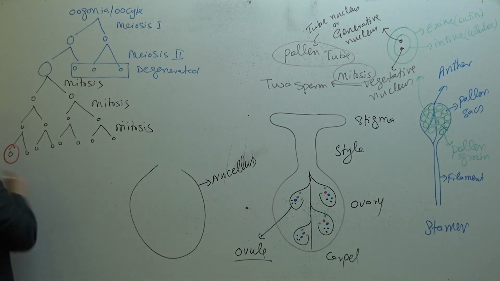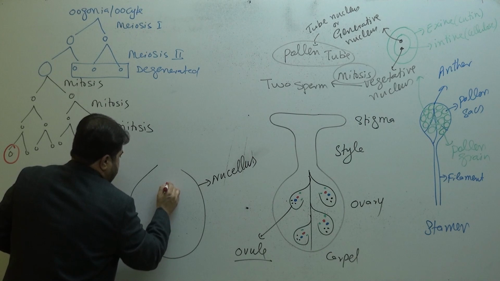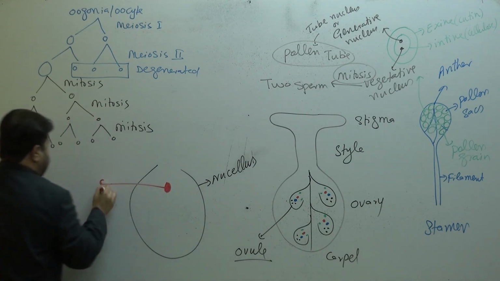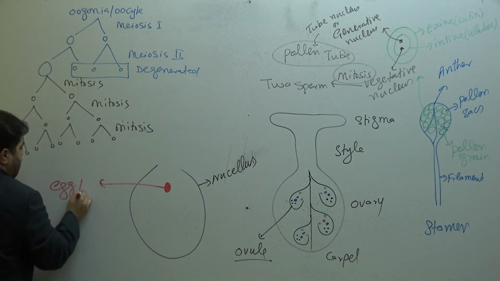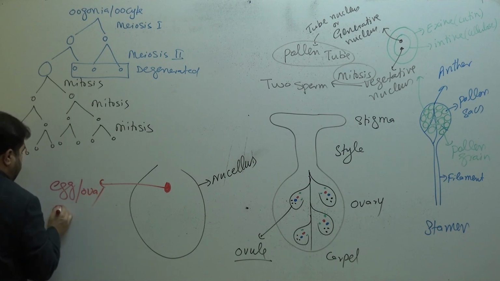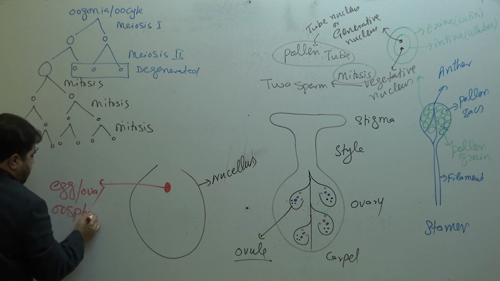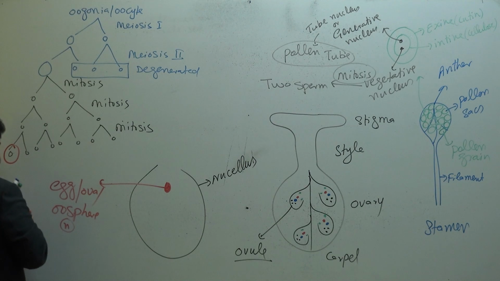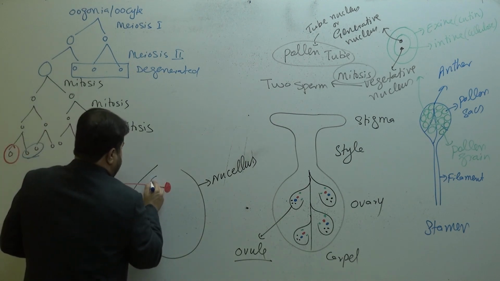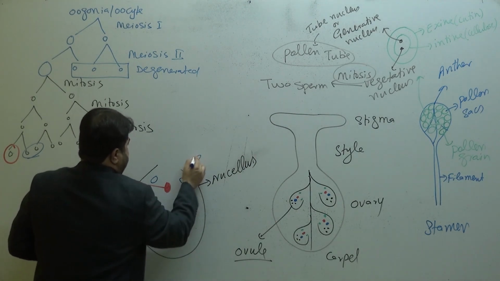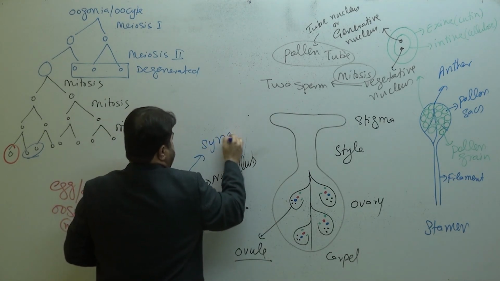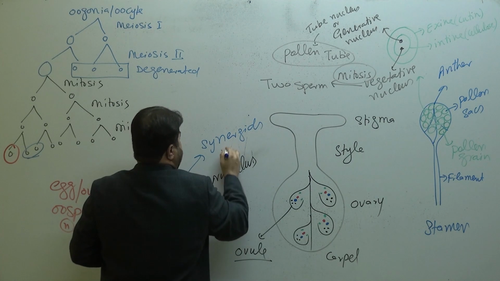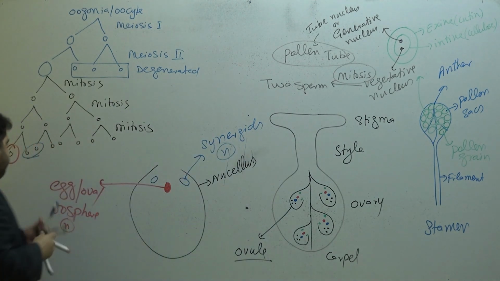Among the cells, a single cell present here is considered to be the egg, ovum, or oosphere, and it is haploid. Then, two of the cells are considered to be synergids. These synergids are haploid in nature.